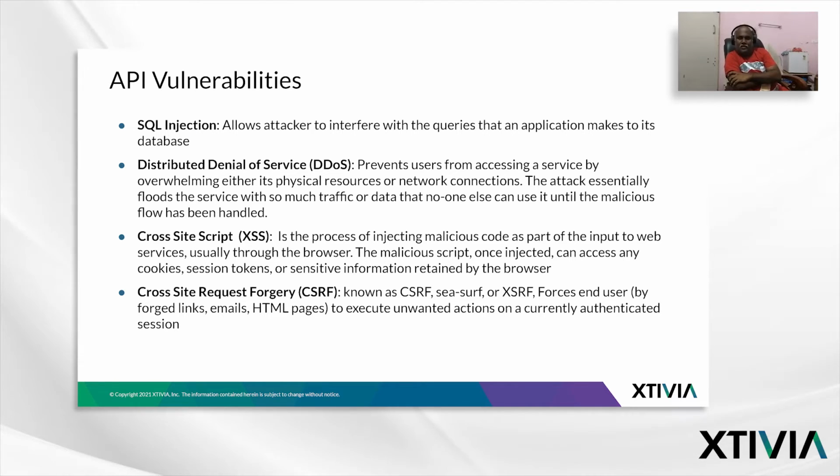So if the parameter contains some SQL statements or part of an SQL statement, it will be appended to the query and executed by the database as a whole query. And the chances are users will get more information than the application wants to share. That is one of the ways.